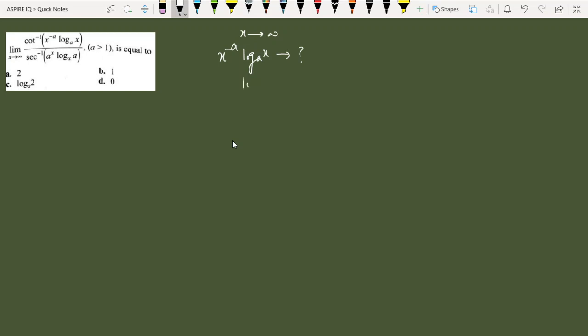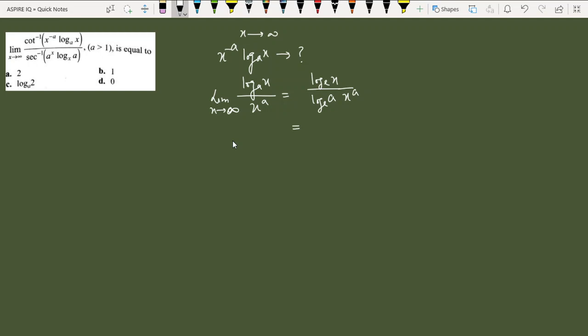So what I did, I simply write it as a limit where x tends to infinity. Let's use L'Hospital's rule. So I just change the log function, x tends to a.